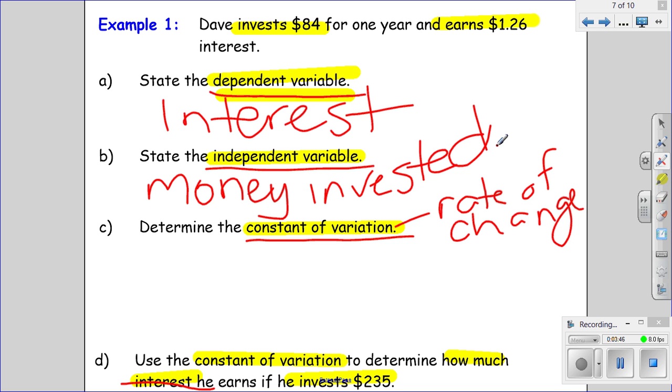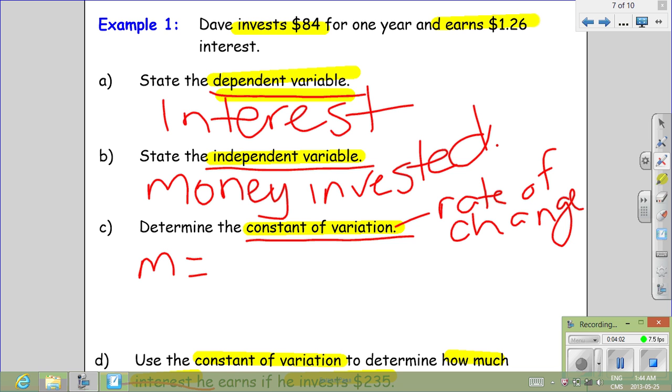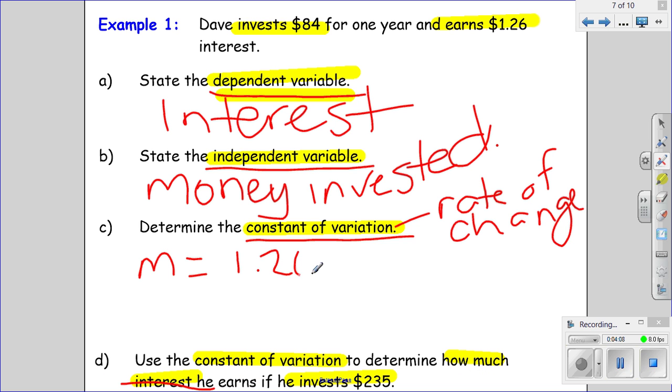So the constant of variation, you can call it whatever letter we want. M is typical for slope. It's a rate of change, so it's the dependent variable, I said that the wrong way around, so the interest, which is $1.26, divided by the independent variable, which is $84.